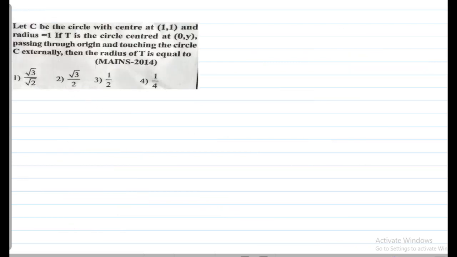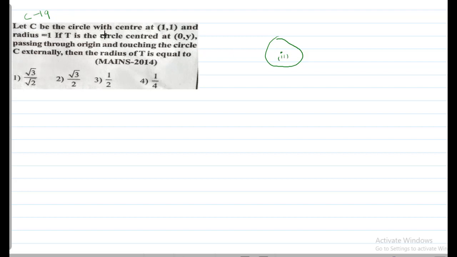Yeah, okay students, this is our 19th problem. C be the circle with center at 1, 1 and radius 1. Okay, one circle is given here, its center is 1, 1 and radius also 1.